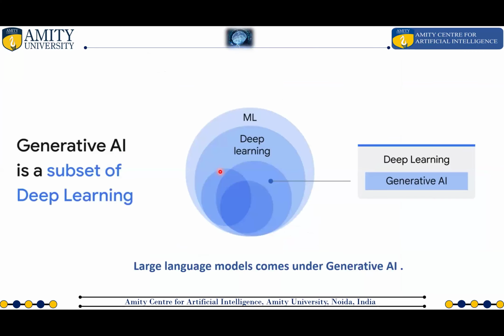Now comes generative AI. Generative AI you could tell as a subset of deep learning only, and whatever we are talking about, the large language models, ChatGPT, all these come under generative AI only. Generative AI is something where you have the data, and out of that data you are generating something. But earlier, what we were doing is that we have the data and we were classifying something.